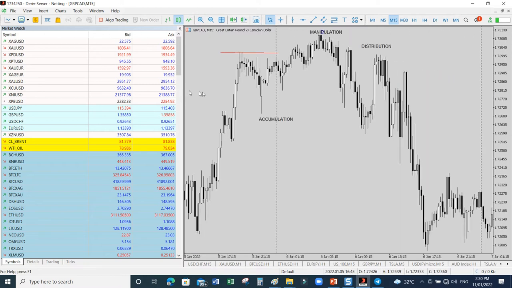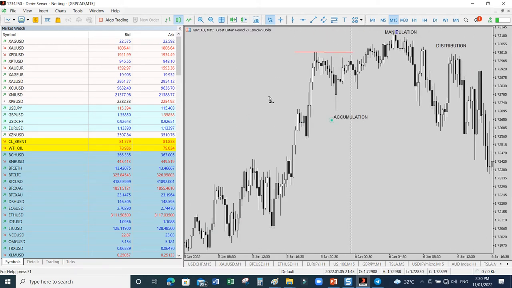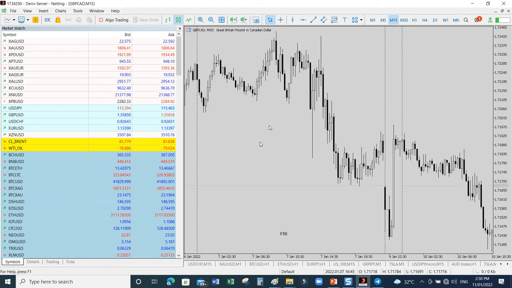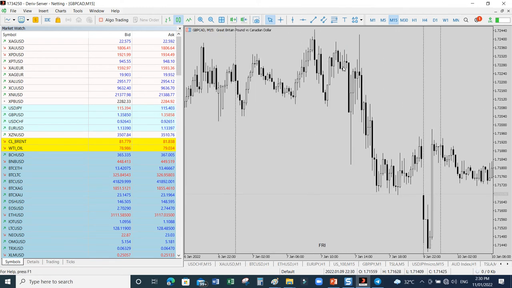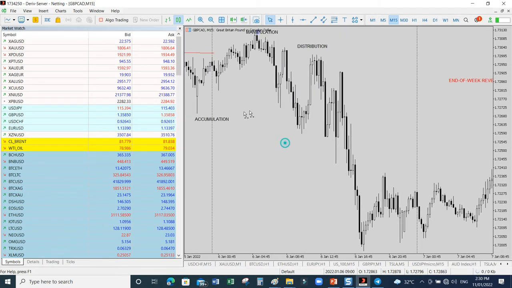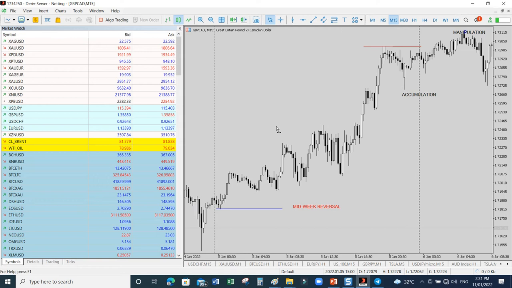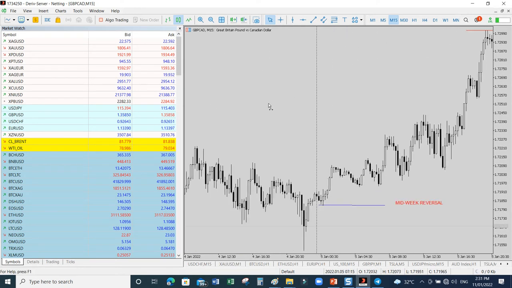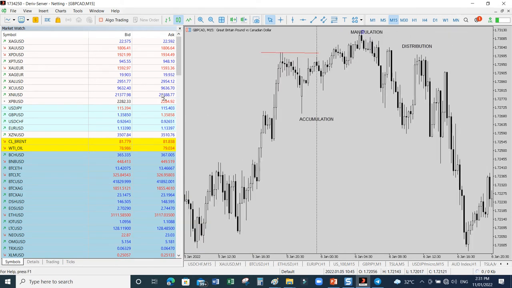So let's see this. Here we have the end of the week, this is Friday. The market opens Sunday night, this is Thursday, this is Wednesday, midweek, which is the midweek reversal.